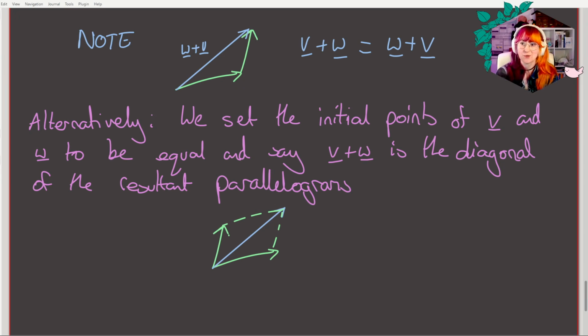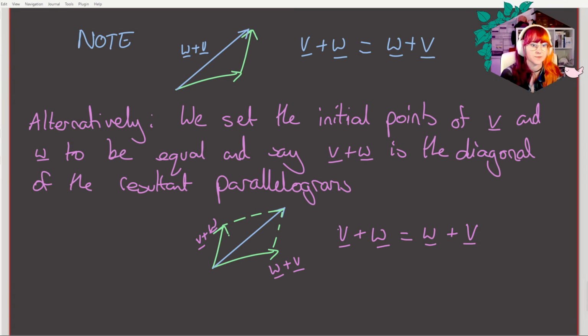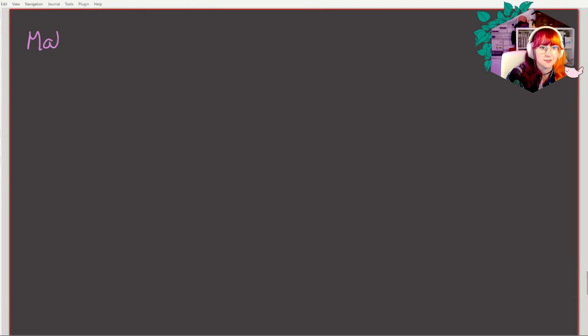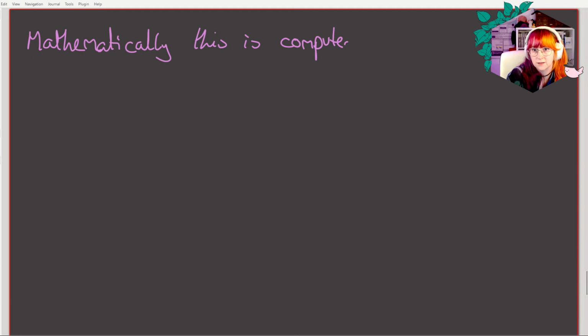So, if this direction was V plus W, and this direction was W plus V, they both get the same thing. So this just further demonstrates you can swap them and get back to the same. So, finally, mathematically, this is computed entry-wise.